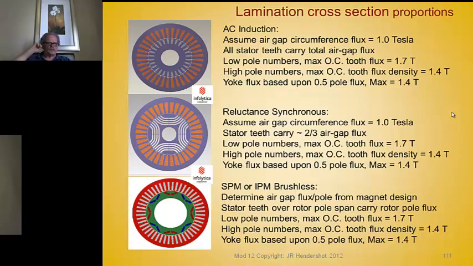So the total flux is less, and it is split between the two sides. And since the mass of the stator yoke is usually higher than the mass of the teeth, one would allow the tooth flux density to be a bit higher than the yoke flux density.